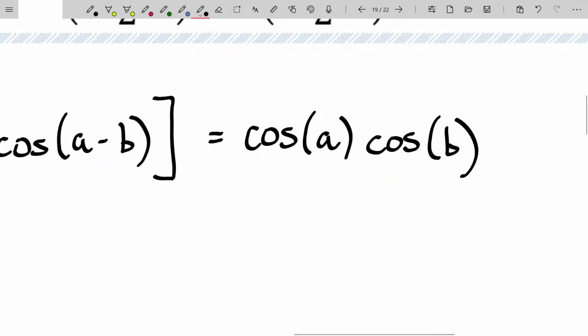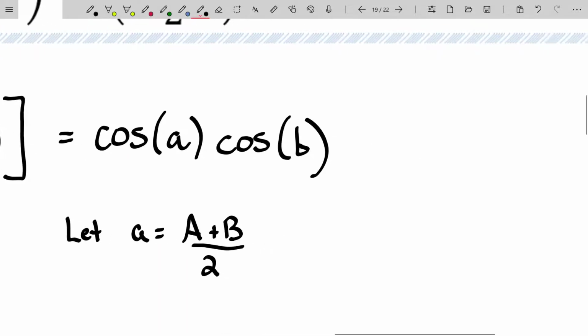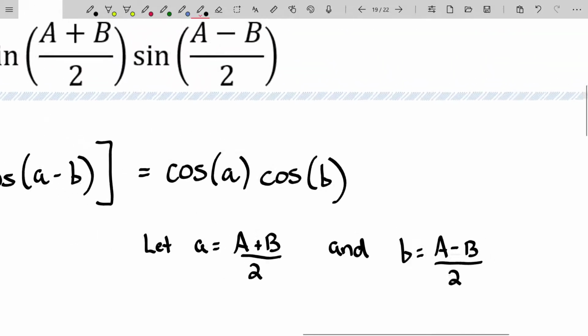So what we're going to do is let little a equal capital A plus capital B over 2, and little b, whoops, that's supposed to be a little b, sorry about that. We'll let little b equal capital A minus capital B over 2.